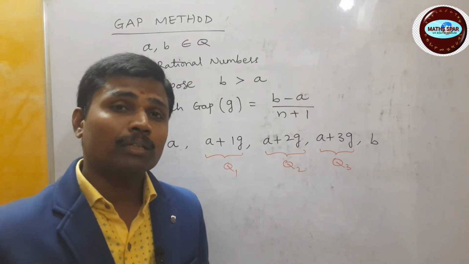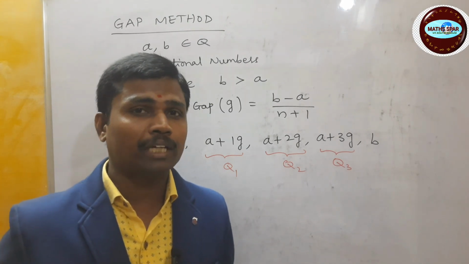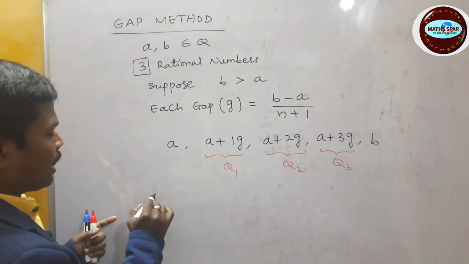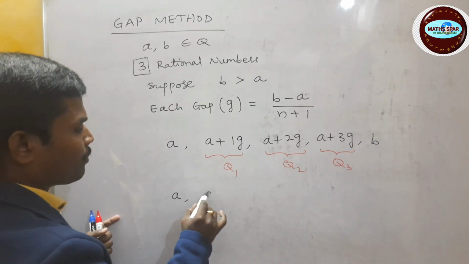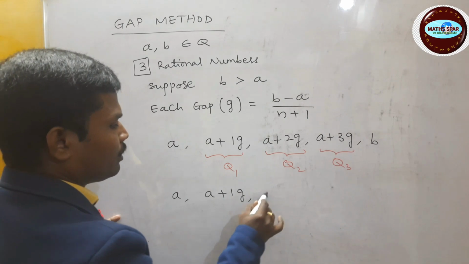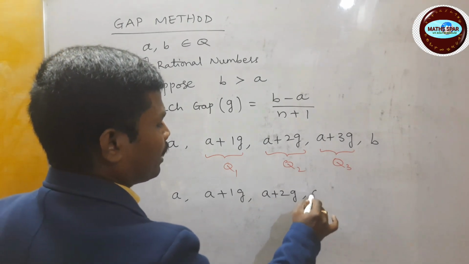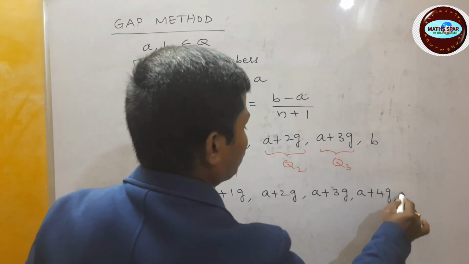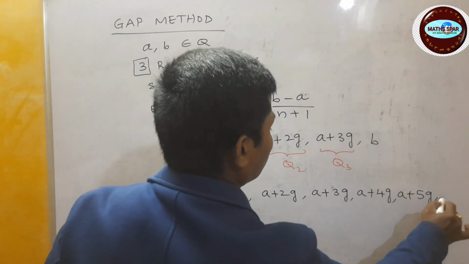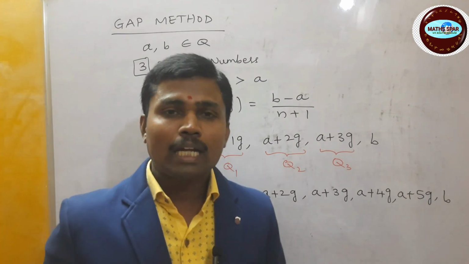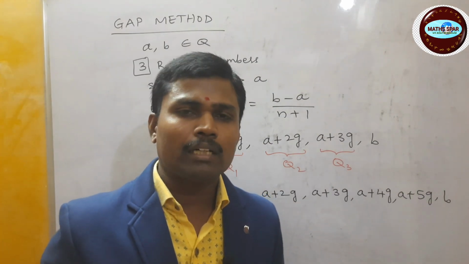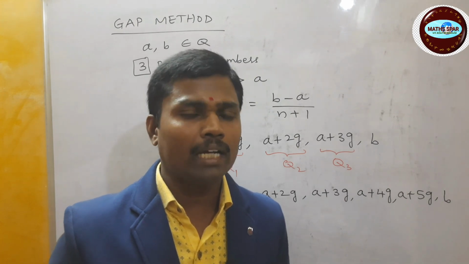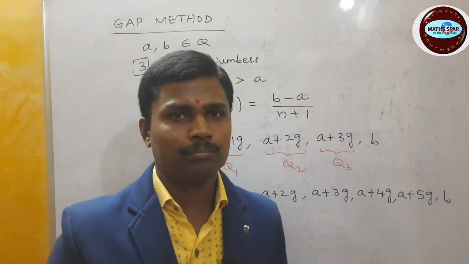What if 5 rational numbers are asked to find in between two given rational numbers? Similarly, we will write A plus 1G, A plus 2G, A plus 3G, A plus 4G, A plus 5G, then B. Let us apply this gap method using two rational numbers to find three rational numbers between them.